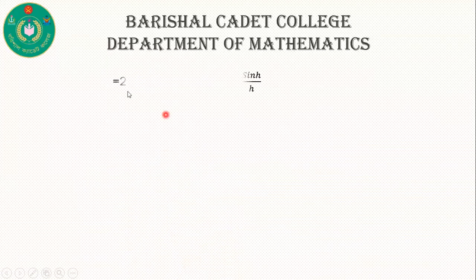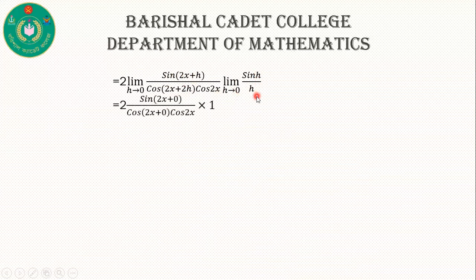Now we can write 2 limit h tends to 0 of sin(2x + h)/[cos(2x + 2h) cos 2x] times limit h tends to 0 of sin h/h. From limits, we know limit theta tends to 0 of sin theta/theta = 1. Here theta means h, so this part is equal to 1, and putting h = 0 here, we can write sin 2x/cos 2x cos 2x, then 2 sin 2x/(cos 2x cos 2x).